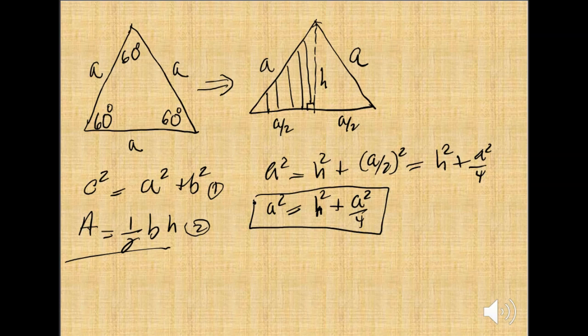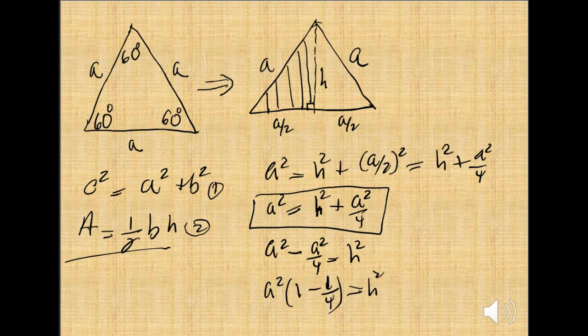So if we move A squared over 4 to the left, we have A squared minus A squared over 4 is equal to H squared. If we factor out A squared, we have A squared times 1 minus 1 over 4 equal to H squared.